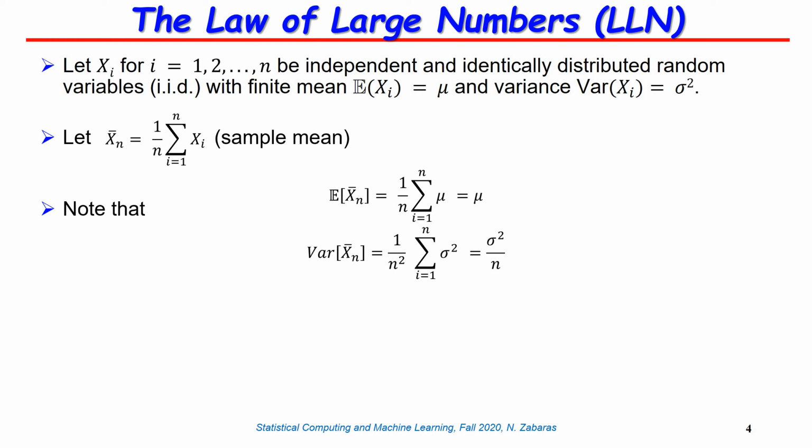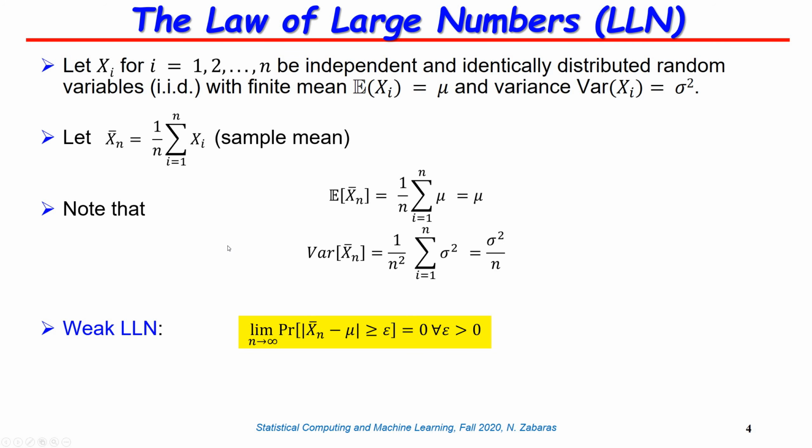So with all of this given, let me state the weak law of large numbers. It says that as n goes to infinity, the probability of being away by a distance epsilon from the mean is equal to 0, for every epsilon that's positive.